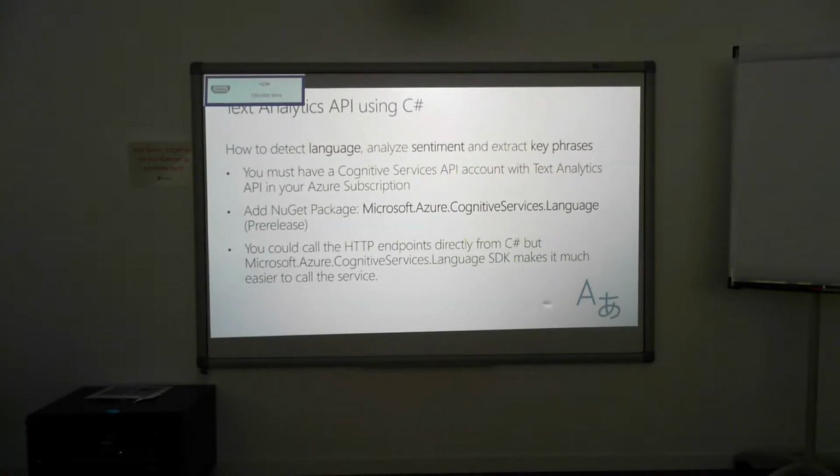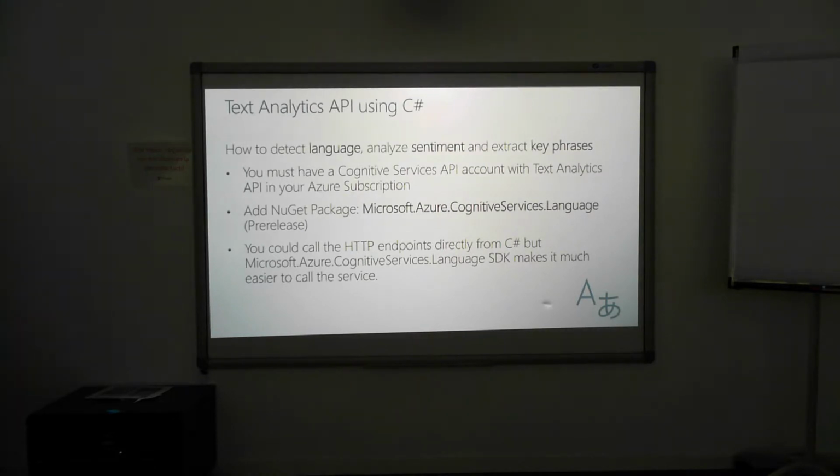This is some slide with some code to understand how we can use the Text Analytics API in C#. So this service is for detecting language, sentiment, and key phrases. For using the Text Analytics API, you must have the Cognitive Services API account with Text Analytics API in your Azure subscription.